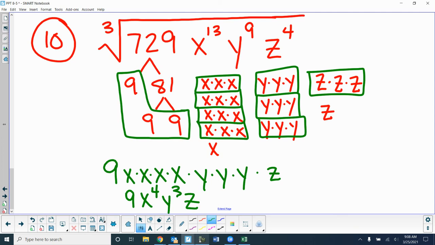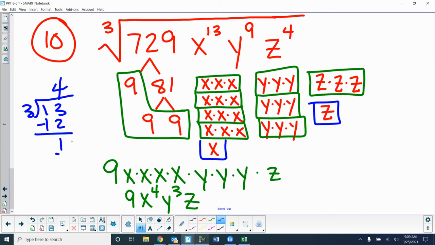But what do you see? You got an x and a z left over. Where do they go? They stay under the radical sign, don't they? So instead of putting 13/3, you divide it by what's left over, 1, for the remainder.